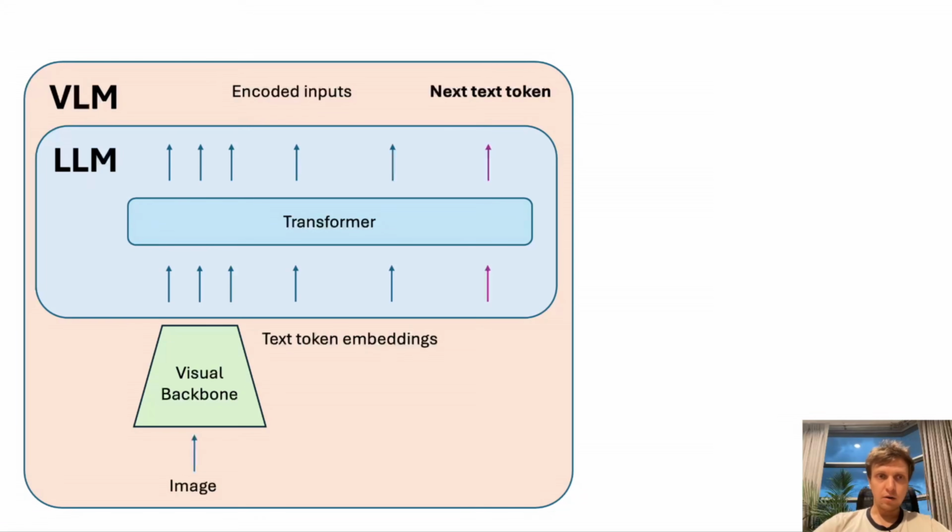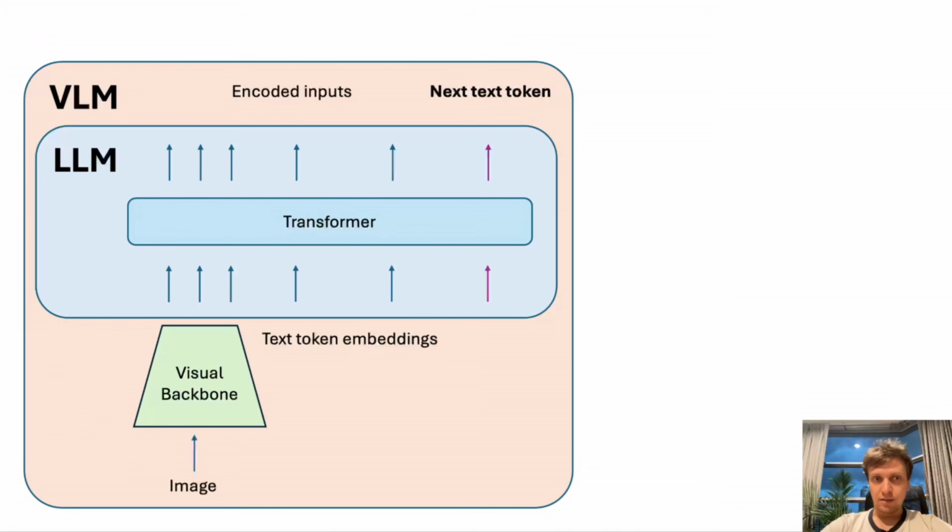So usually all these parts of the model are pre-trained on big-scale datasets. For example, LLMs are pre-trained on a lot of text that covers most of the internet, and visual backbones are pre-trained on a huge amount of different images, and they try to use them for different tasks.